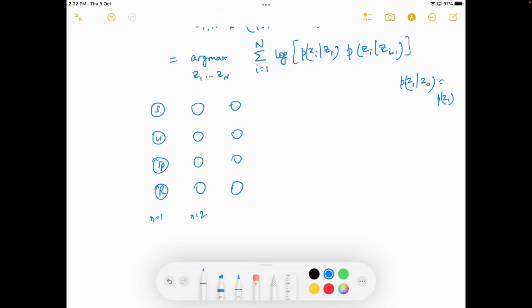Then I transition from here to here, let's say from rainy to spring. Then this term has some value and this term also has some value. So every transition plus emission gives me some cost, and I want to maximize it. Let's call it a score. I want to maximize the score. So this is an optimization problem.